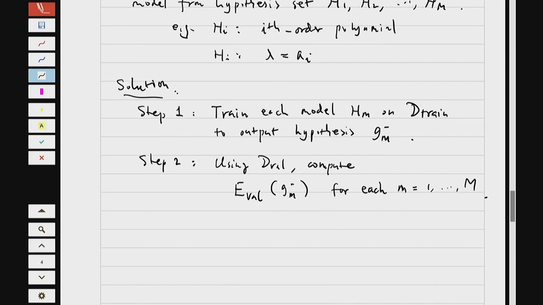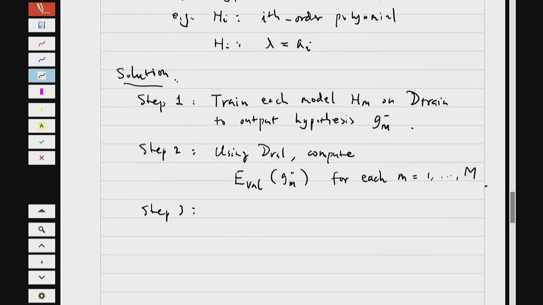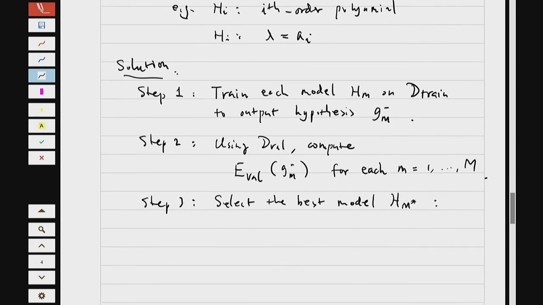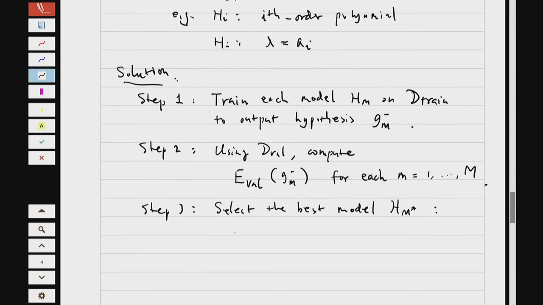The minimum one will be the best one, right? So the best model, HM star, where M star, of course, is the M that gives you the minimum validation error, minimum among all M's.